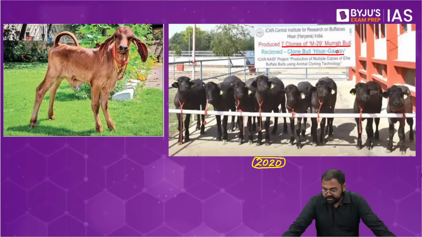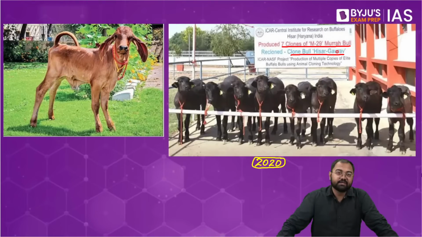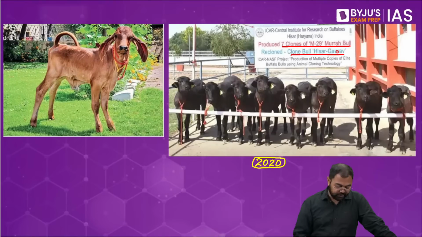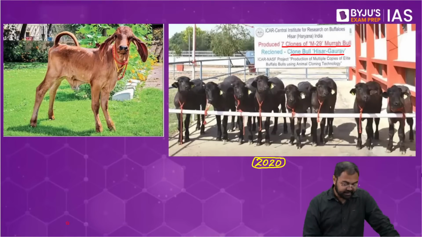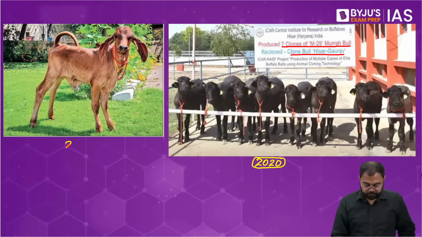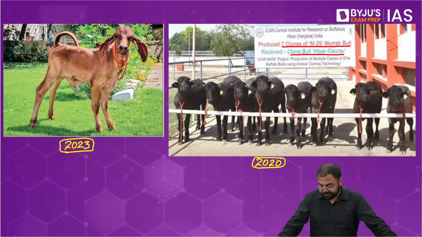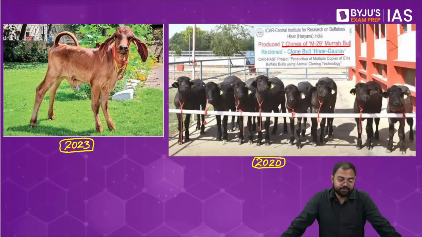So this was a case of cloning and recloning in India back in 2020, and then after that there has been a new cloning that was carried out in 2023, in the early months of this year.